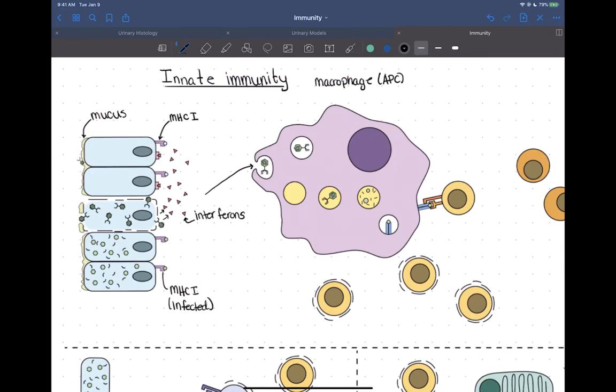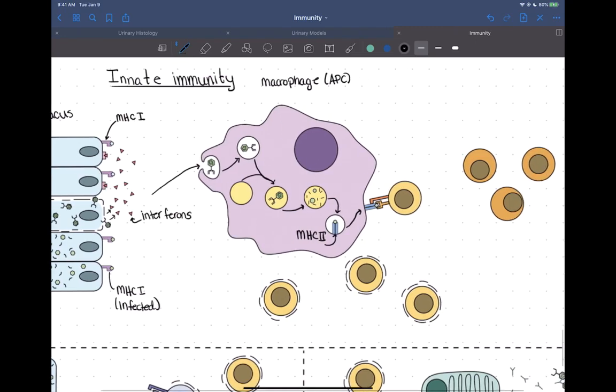It phagocytizes the virus, brings it into a vesicle, and merges that vesicle with a lysosome. The digestive enzymes in the lysosome break the virus down into little bits, and a little piece of the virus can be attached to an MHC2 protein as the antigen. That MHC2 protein is then added to the surface of the antigen presenting cell.